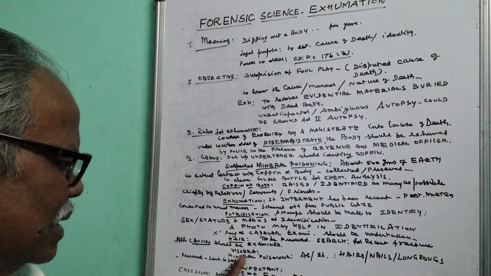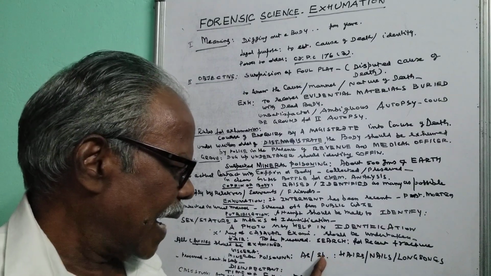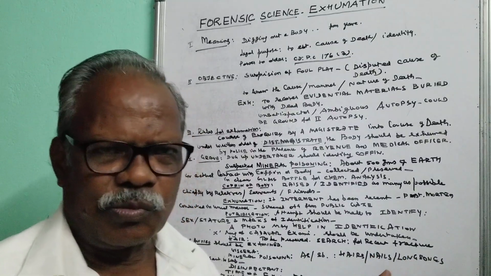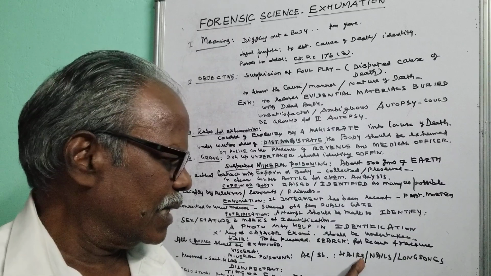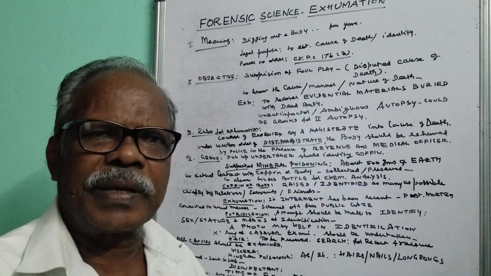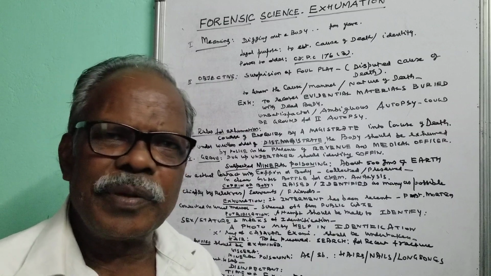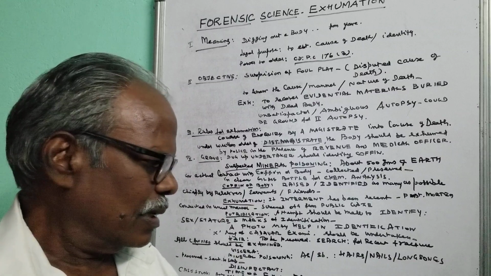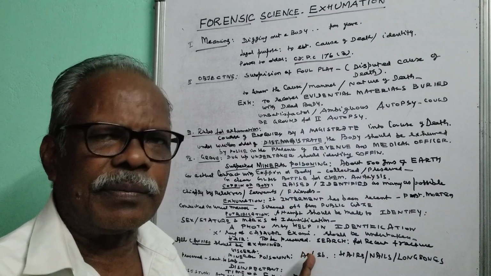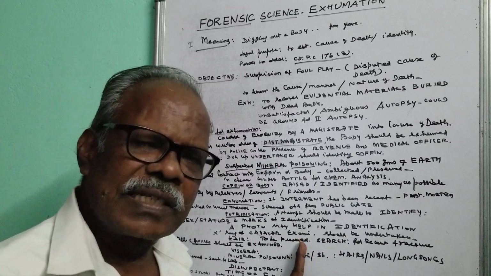Then in case of mineral poisoning, particularly arsenic and antimony, the hairs, nails and long bones should be preserved. The thigh bone is the long bone in the human body, called the femur. Hair and nails are affected by mineral poisoning, and the femur should also be preserved and sent to the lab for identification of the poisoning.